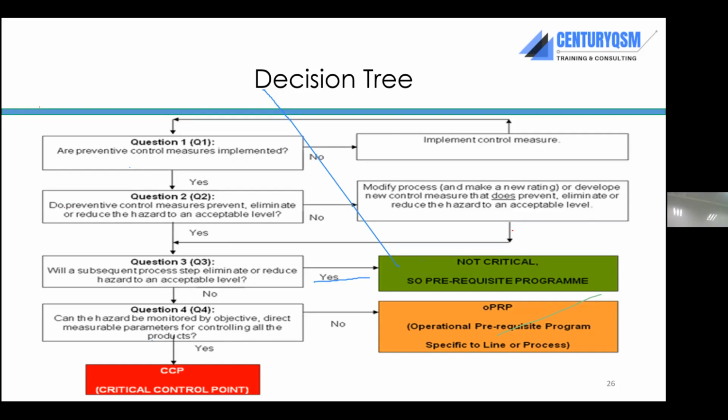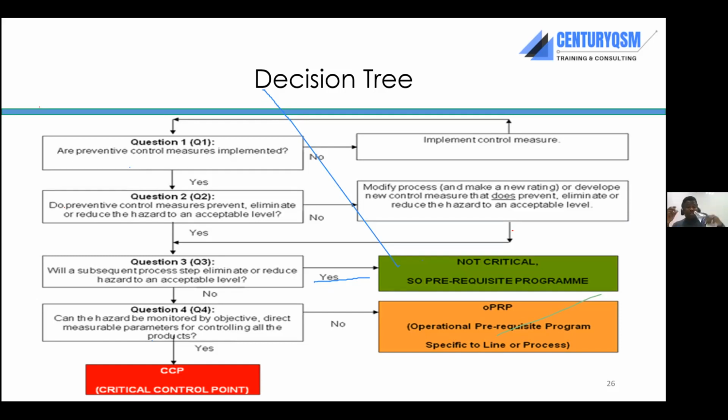Avinash is saying filling machine is CCP, EBI is OPRP, bottle washer is PRP. Elizabeth is saying filling machine is CCP, EBI is OPRP, bottle washer is OPRP. Adewale is saying EBI is CCP, filling machine OPRP, bottle washer is PRP. Nathaniel says filling machine is CCP, bottle washer is OPRP. Okay, I don't know who this is.